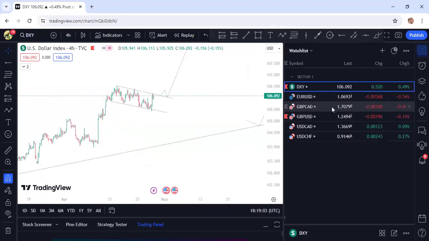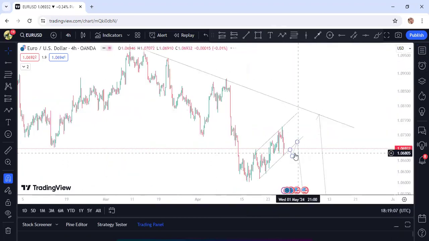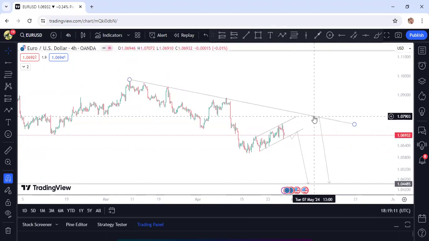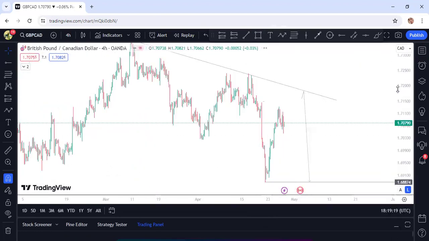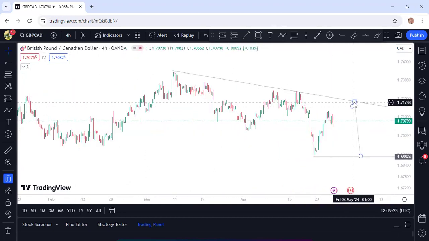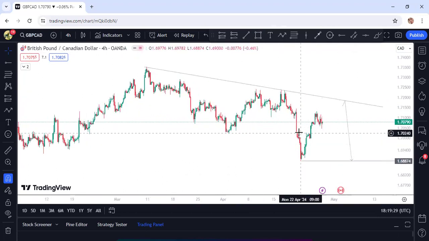And on Euro USD, either we'll get the break and retest of this pattern, or we'll wait for the market to come to the trend line to continue the sales. And on GBP CAD, a very straightforward analysis. We just have to wait for the market to retrace back to the trend line. We'll get our candlestick pattern and we execute our trade. So these are my analyses on these pairs.